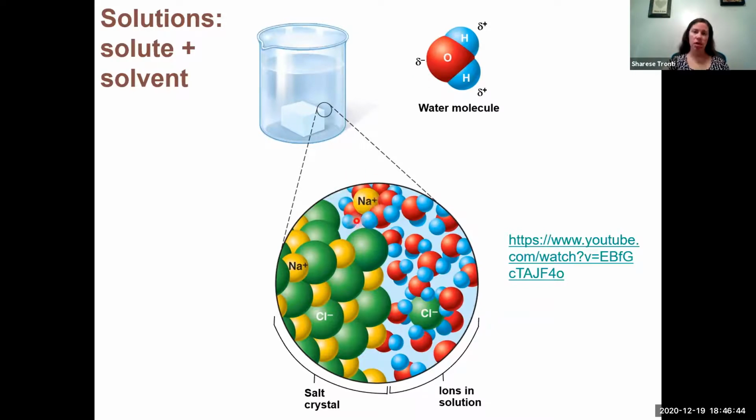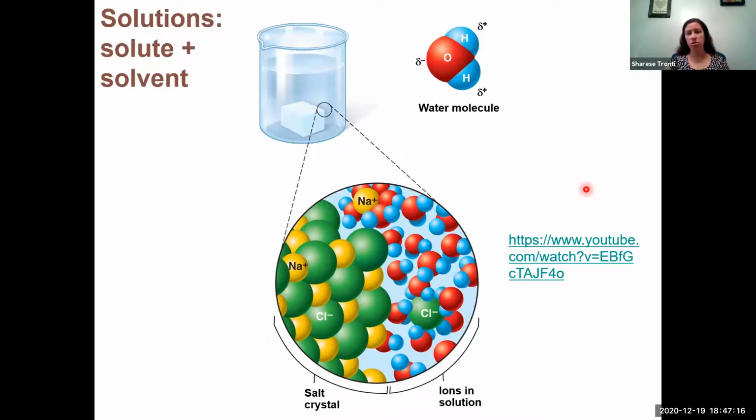And so those oxygens are going to surround the sodium and pull it off of the crystal structure. And the exact opposite is going to happen with the chlorine. So now our slight positive charges that we see on the hydrogens, remember up here, slight positive on the hydrogen, that's going to be attracted to the negative charge on the chlorine. So they're going to surround the chlorine and pull that off of the crystal. And eventually it's going to all dissolve.